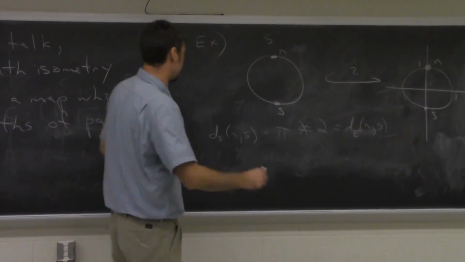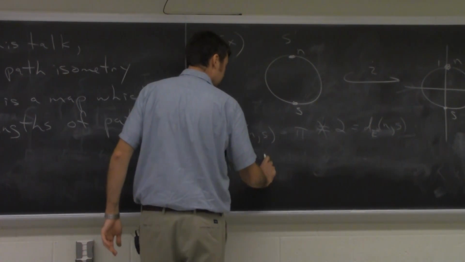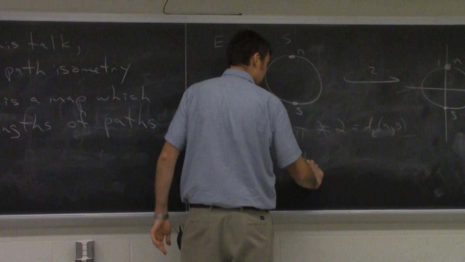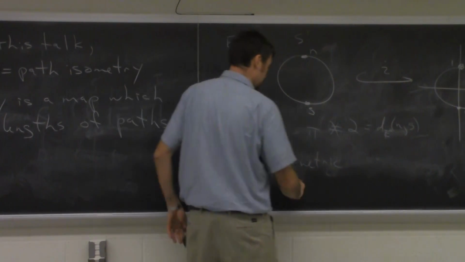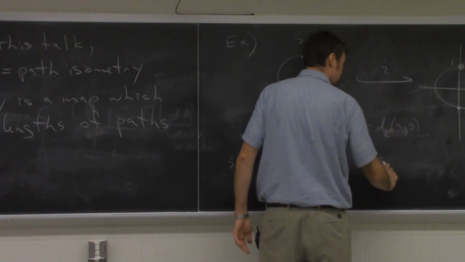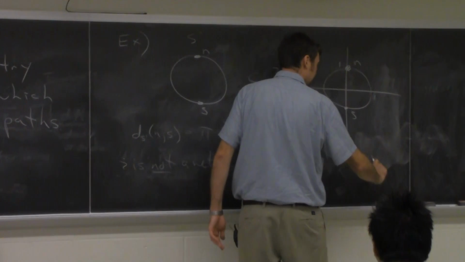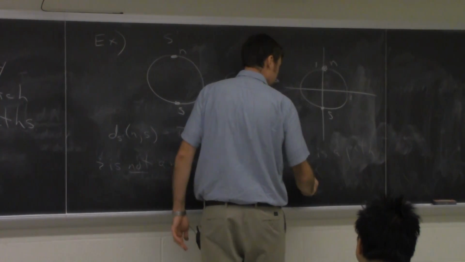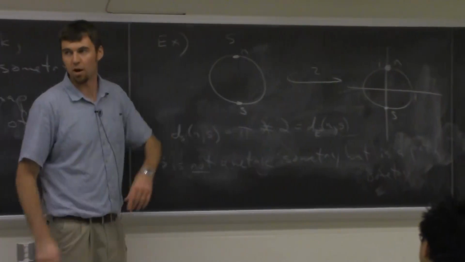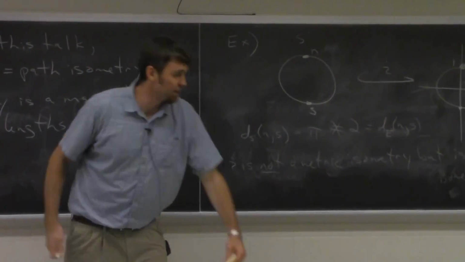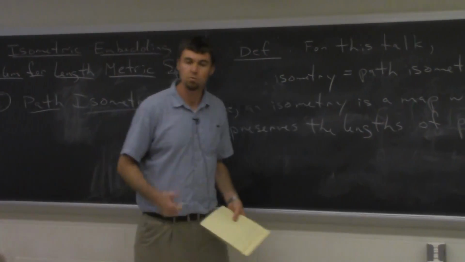Iota is not a metric isometry, the kind you'd pull out of baby Rudin, but it is a path isometry. So this is what we're going to be talking about: path isometry, which preserves the lengths of all paths.